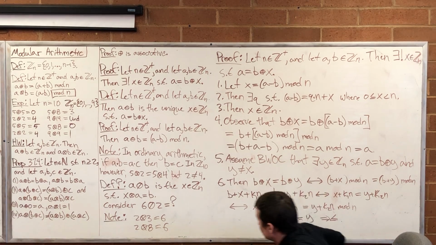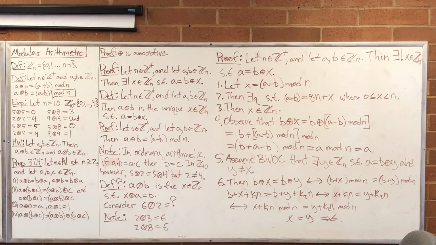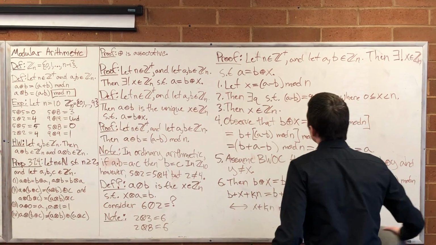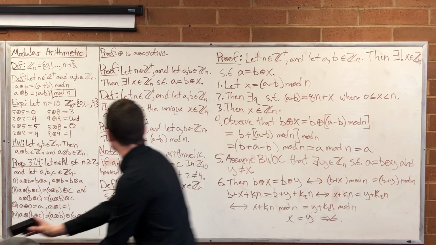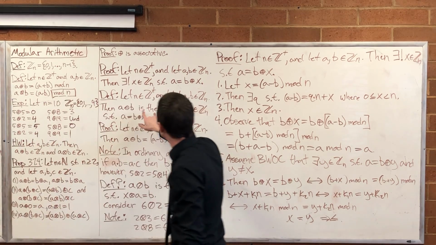Let's see. This one now. A minus b mod n. I don't know why we'd prove that. We just really showed that if we let x be that thing, then this is the case.